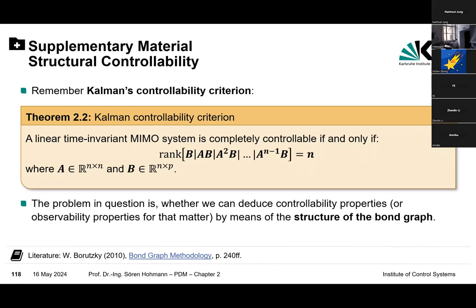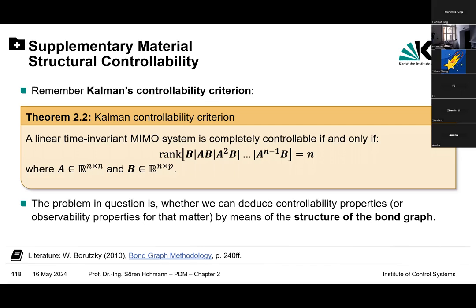So you might realize, if you do the calculations, if you prepare for exams, that sometimes you calculate this matrix and there's a rank drop, and this very often happens due to zeros inside the matrix.